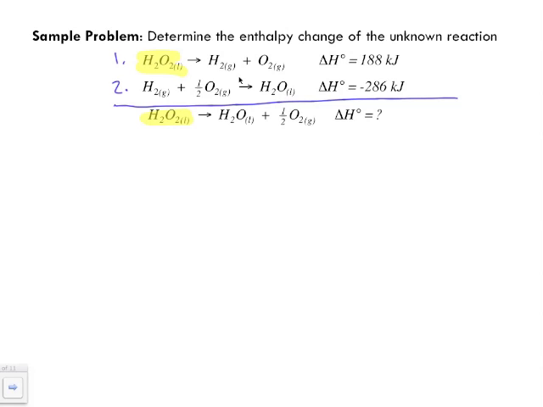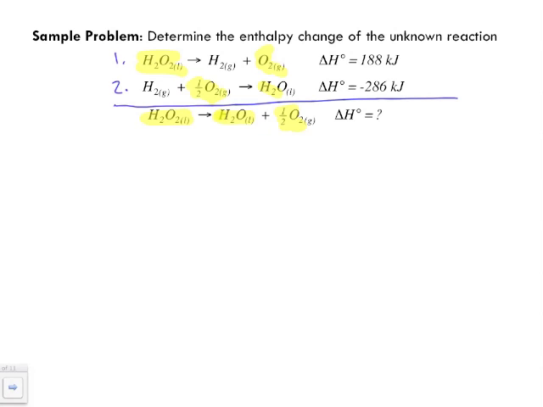Sometimes you might have to rearrange these equations, as I'm going to show you in the next sample problem. Anyhow, let's look at the other final product, water. We've got water here, again on the product side. Now, we've got oxygen on this product side, and we've got oxygen on this reactant side.